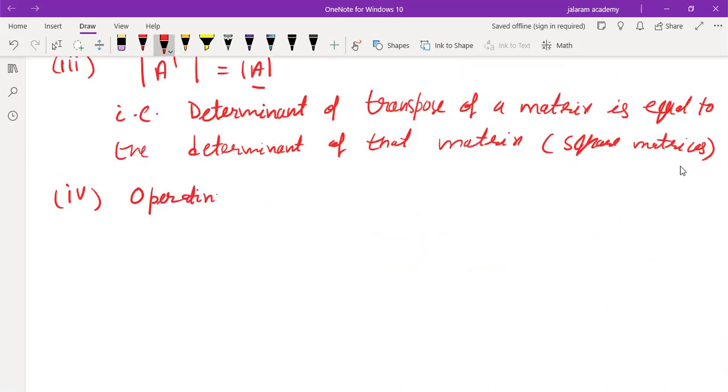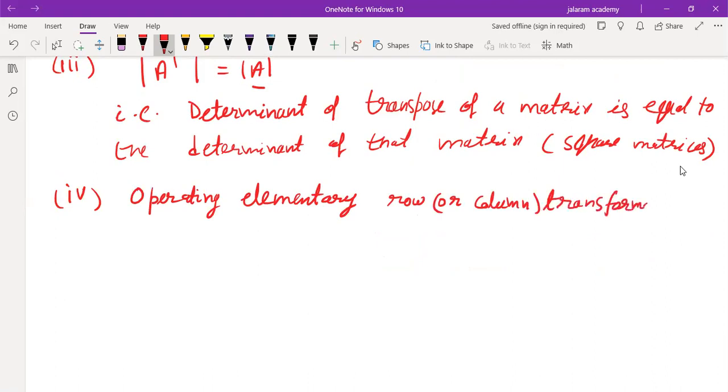Continue to write in your notebooks. Operating elementary row or column transformation to a determinant. Means what?